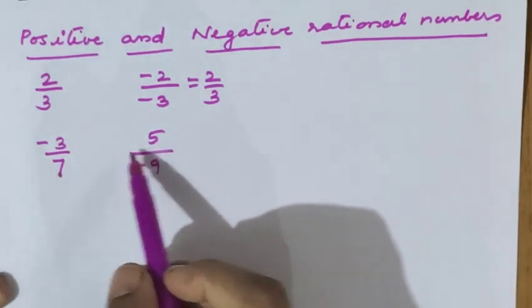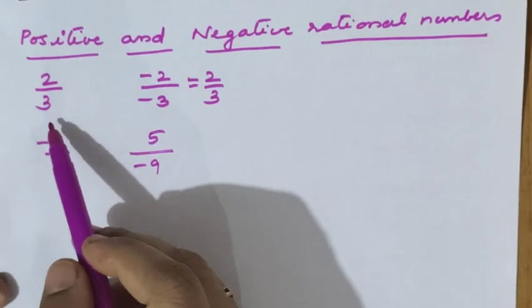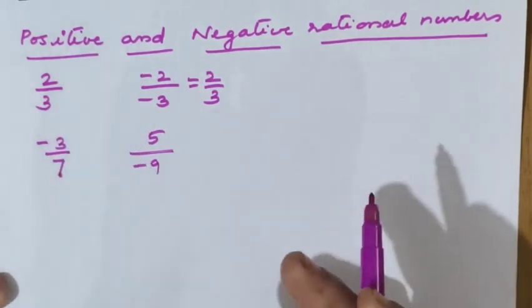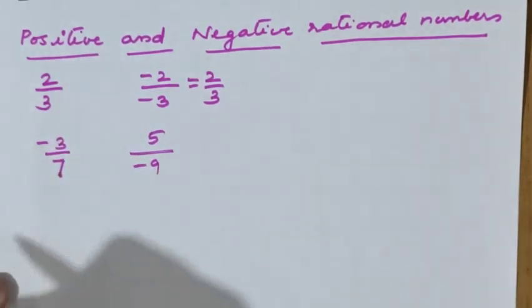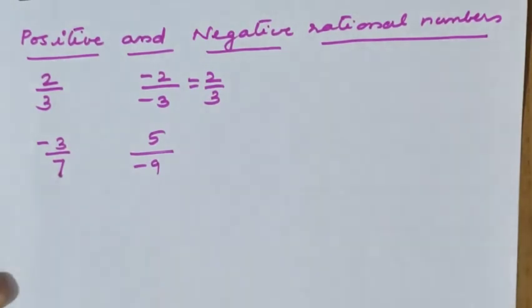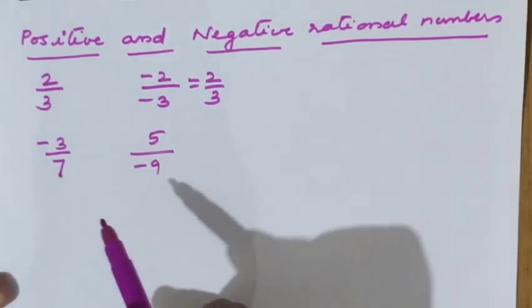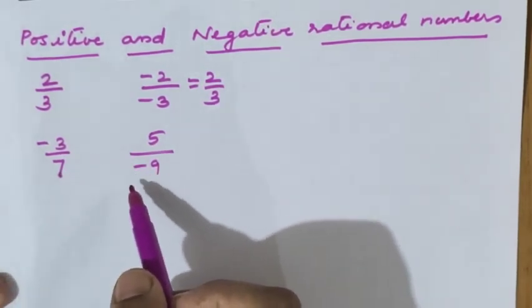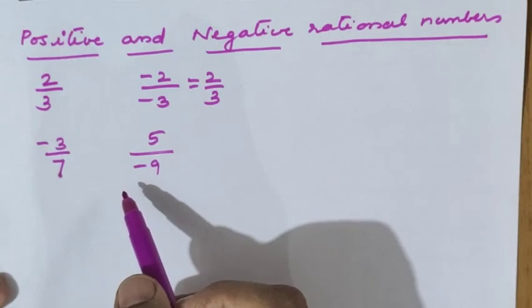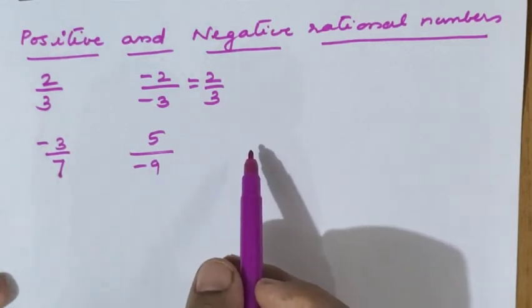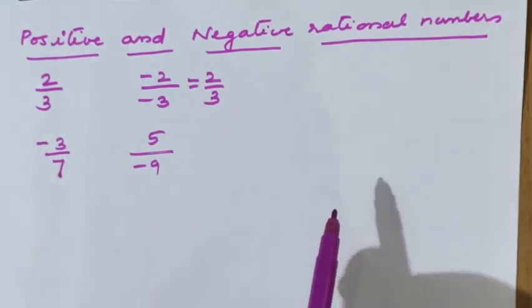So when both the numerator and the denominator have the same sign, either both positive or both negative, you get a positive rational number. When one of them is negative, either the numerator or the denominator, such numbers result in negative rational numbers.